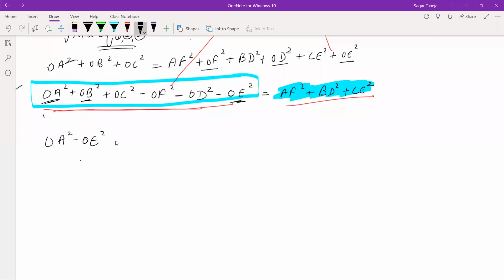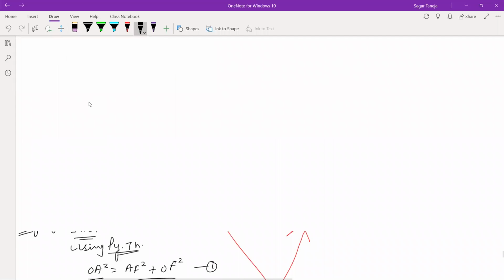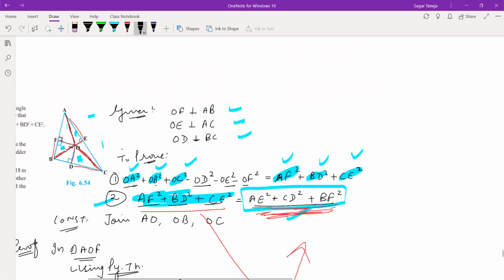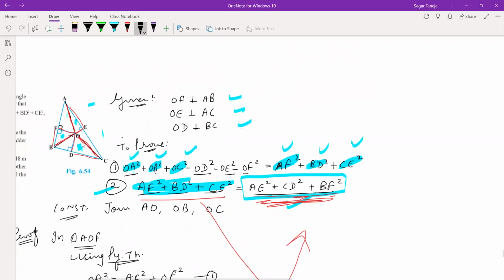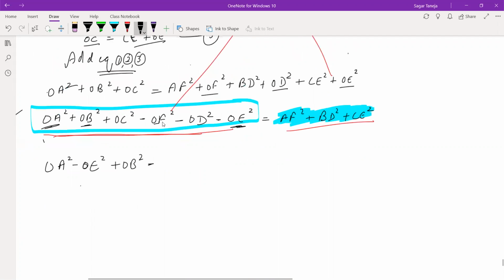Then OB, I am writing here minus with OB, which side we have here? With OB we have OF. So with OB I am writing this OF. And with OC I am writing this OD. Plus OC square minus OD square is equal to AF plus BD plus CE.